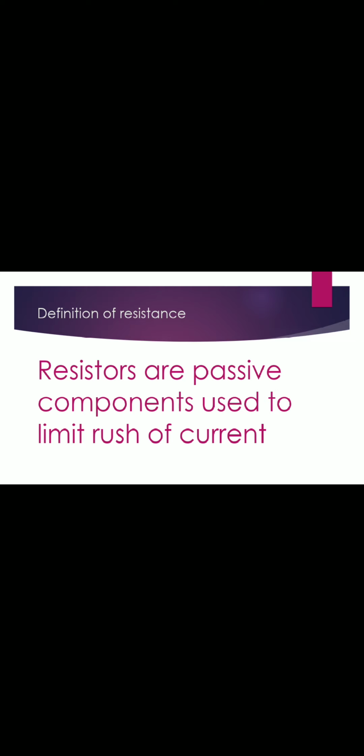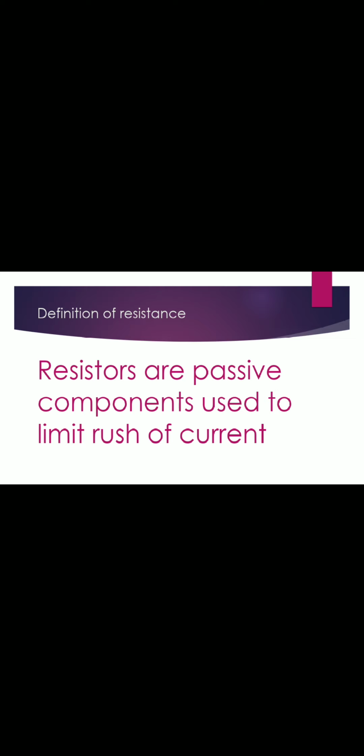The battery is simply the source of energy, or in other words, we can say the battery gives us energy. Those components that generate energy are called active components. In opposition to that, those components that dissipate the energy, that waste the energy, are called passive components.